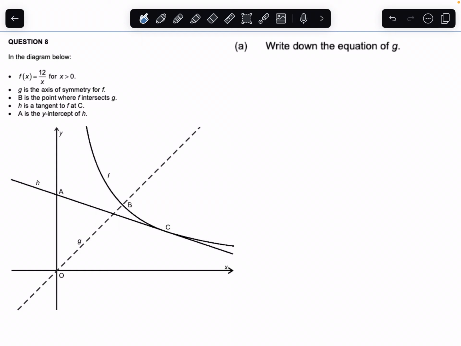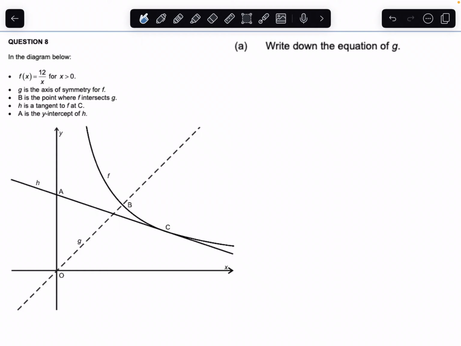In the diagram below, we have f of x is equal to 12 over x for x greater than 0. So that's a hyperbola, and the domain has been restricted. We're just looking at the graph where x is greater than 0. Then G is the axis of symmetry for f.